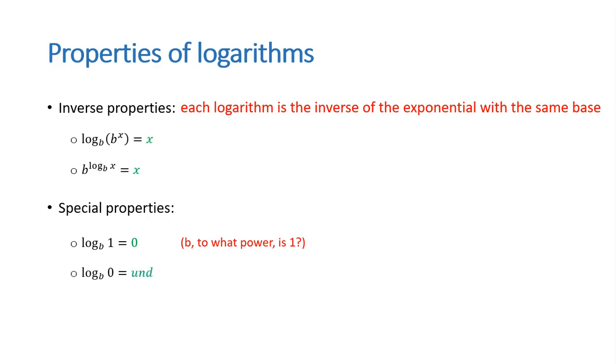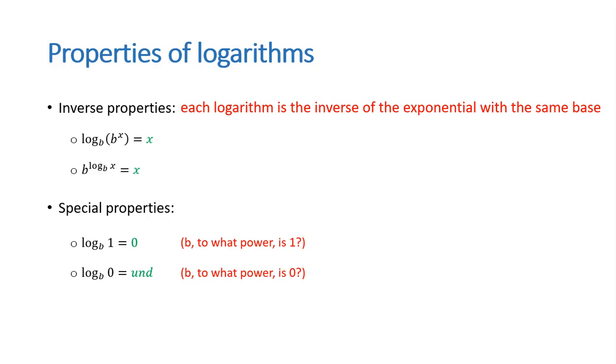Log base b of 0 is actually undefined. Let's think about this as a question. We're saying b to what power is 0? Well, we already encountered this problem with exponentials. We recognized that there is no exponent we can choose such that we can raise our base to that exponent and get an output of 0.